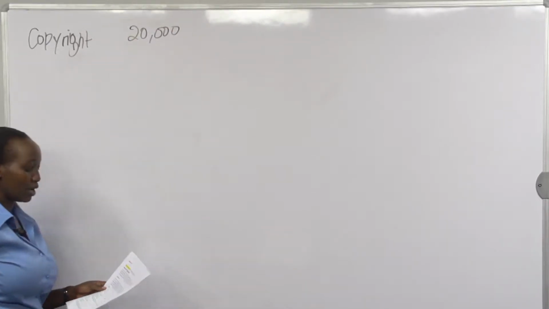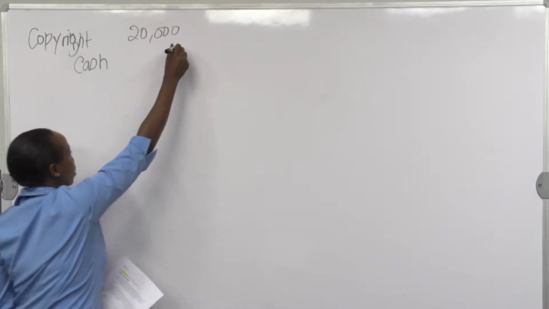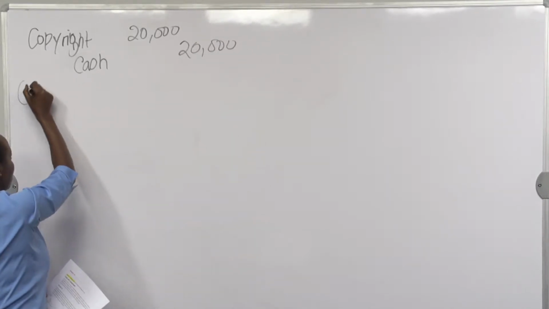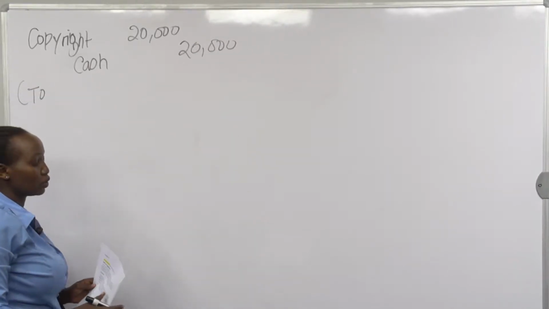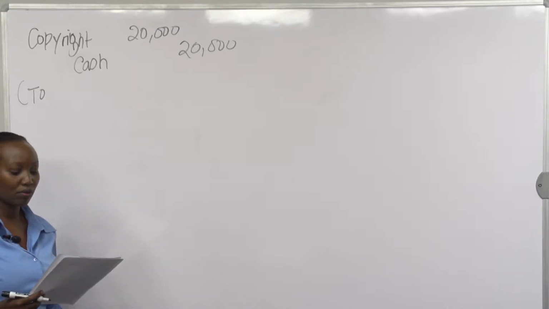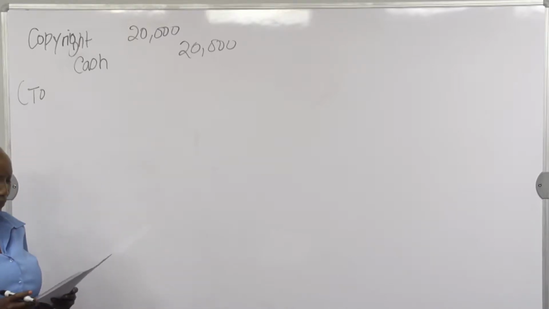We paid out in cash, so there is a decrease in cash of $20,000, and then we put a description to record the purchase, the payment of $20,000 for a copyright on January 1st, 2016.